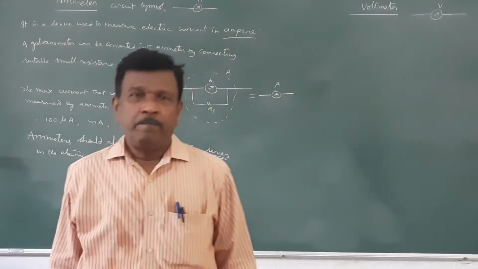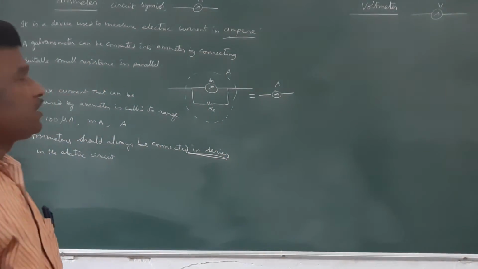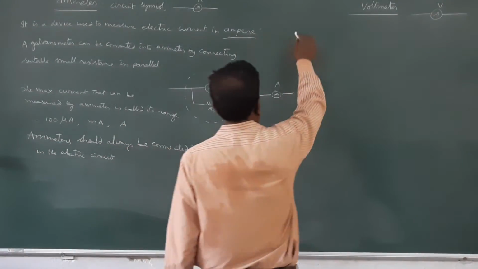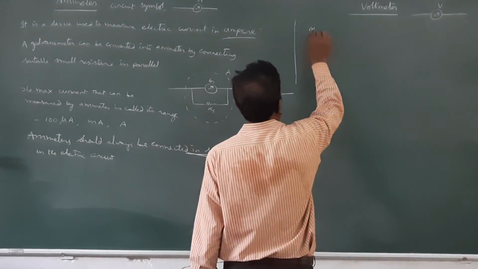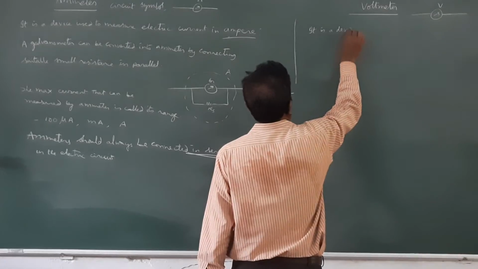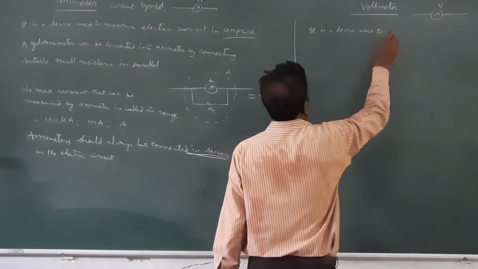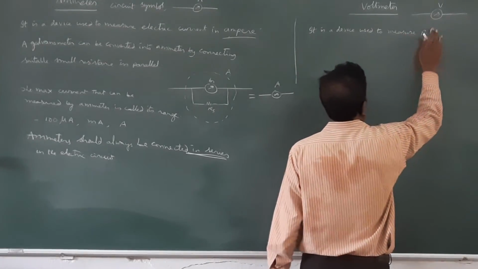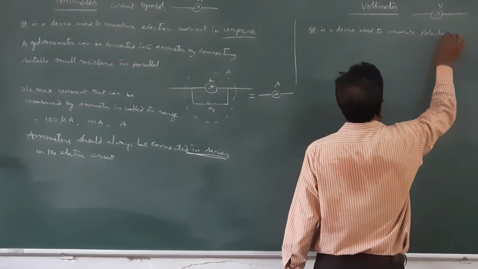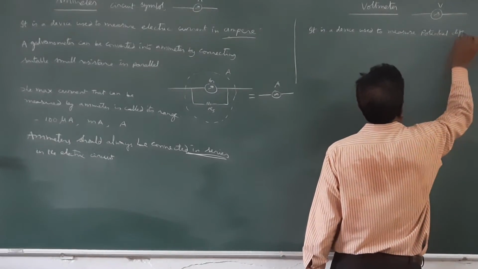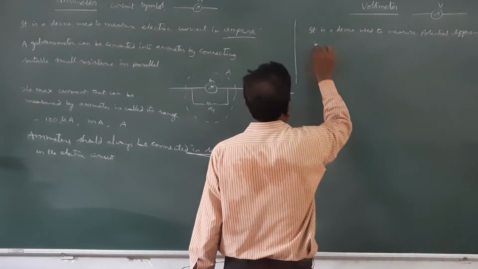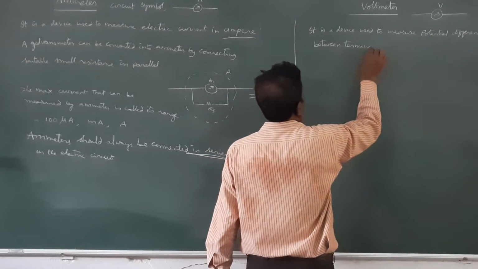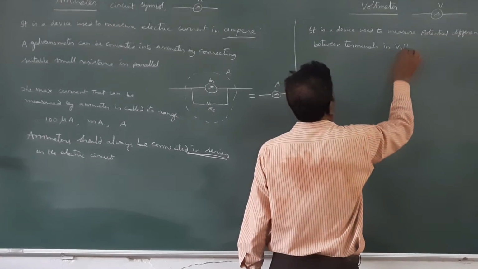Because it measures voltage between two terminals, it is called a voltmeter. A voltmeter is a device used to measure potential difference between terminals in volts.